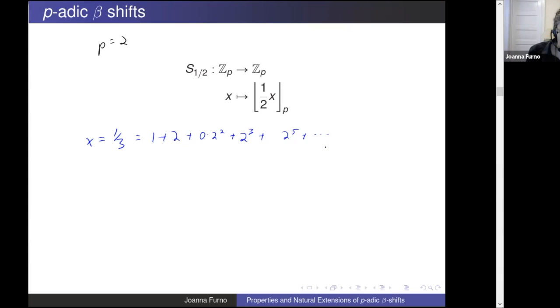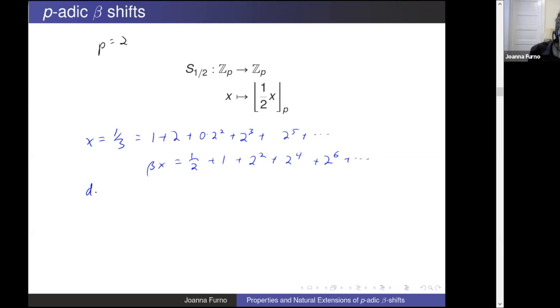And then our beta is 1/2, and so beta times x looks like what? This is really easy to do by hand: 1/2 plus 1 plus, I'll drop the 0 terms, 2 squared plus 2 to the 4th. Let's just throw one more on here, 2 to the 6th, and so on. And so what do we get?